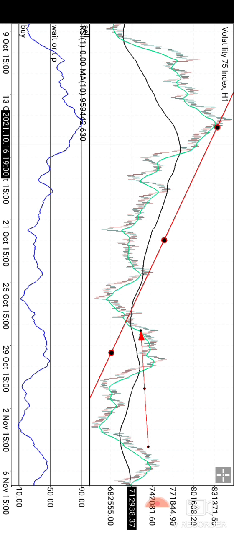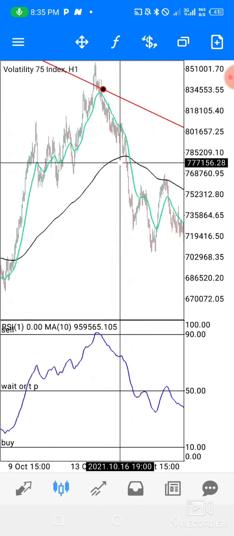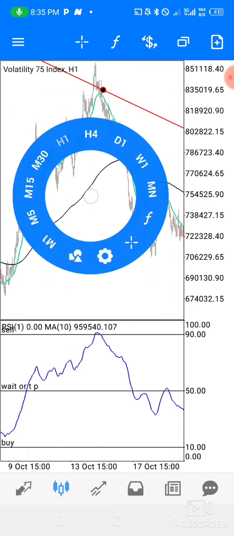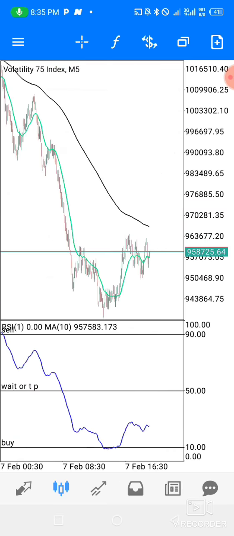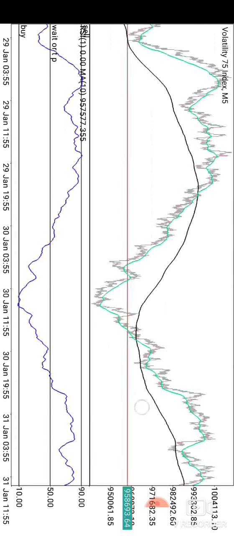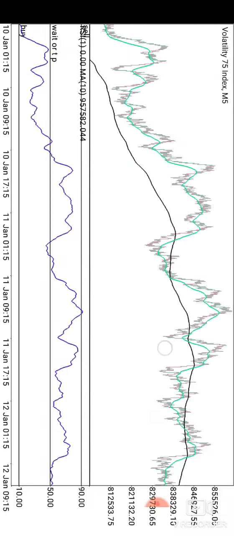It was in the 10th month, that is October, 16,900. So let's locate it in M5. We're going to go back. We're going to look for October.